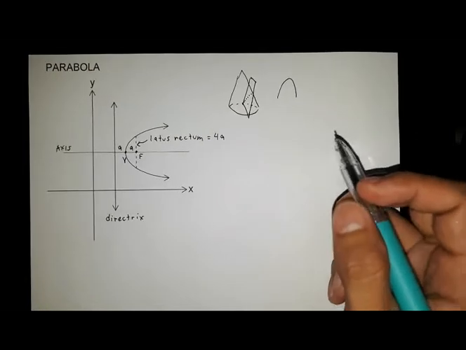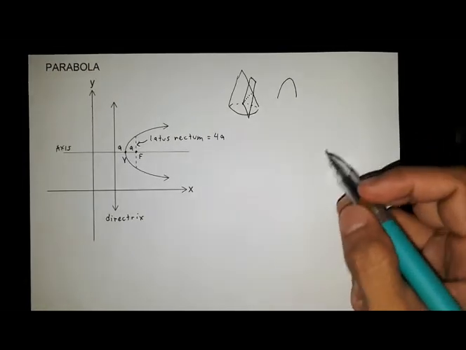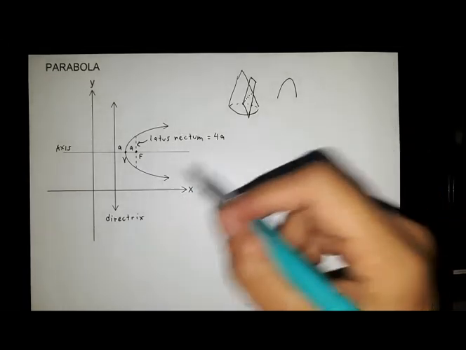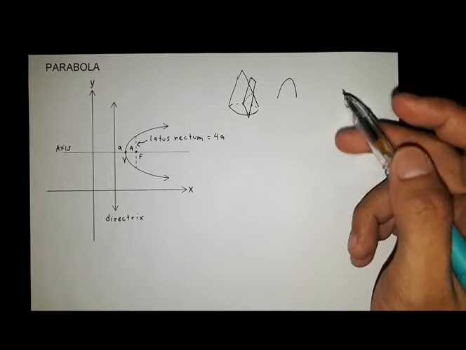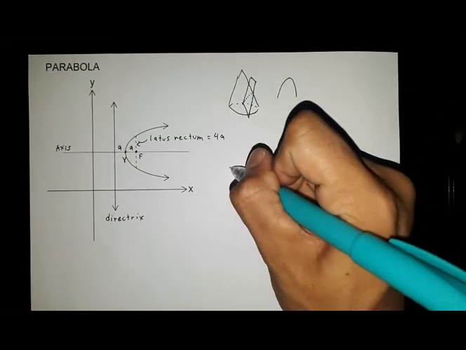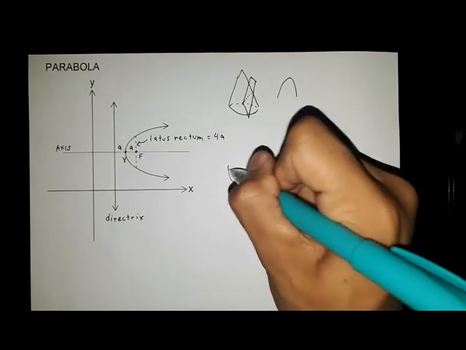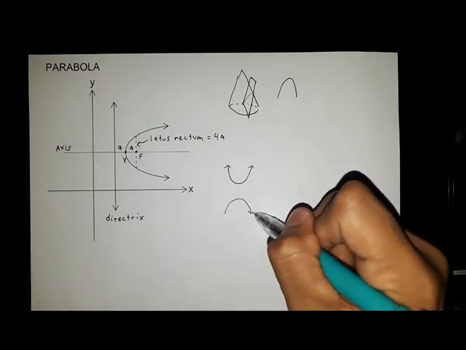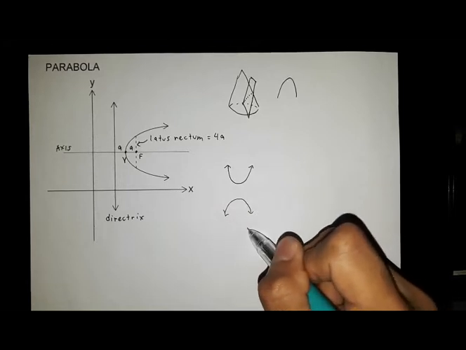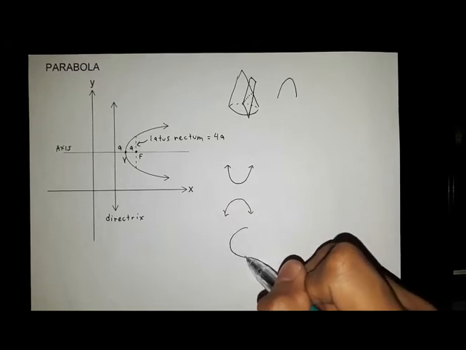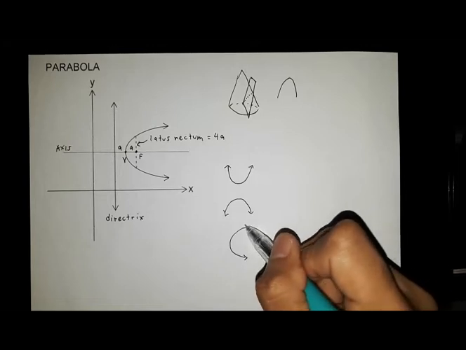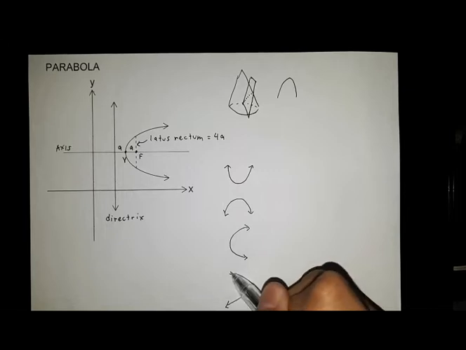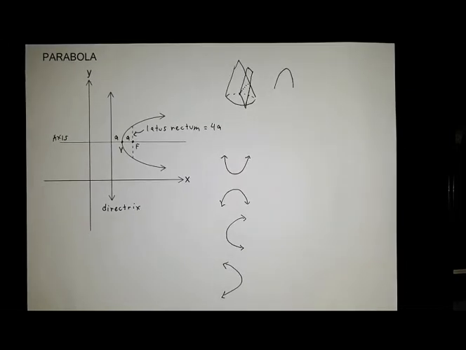So the parabola may have different directions of opening. It could be opening upward, opens downward, opens to the right, and opens to the left.